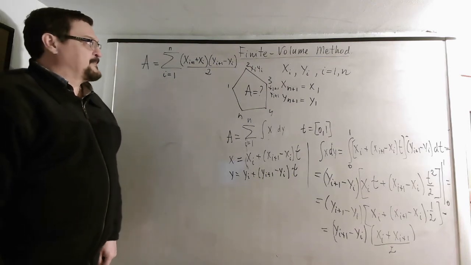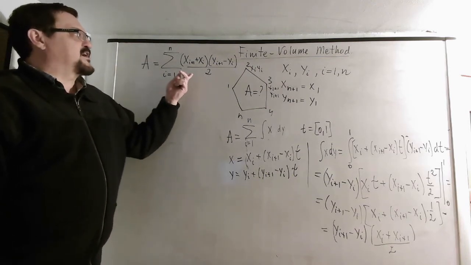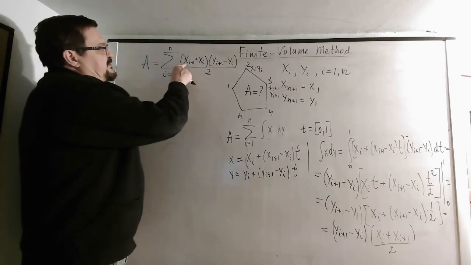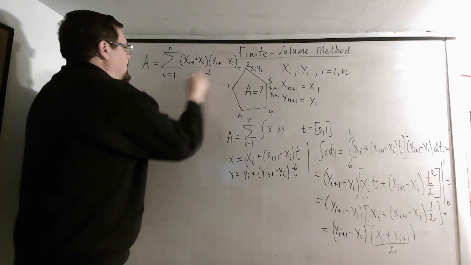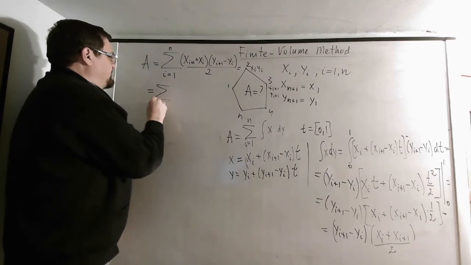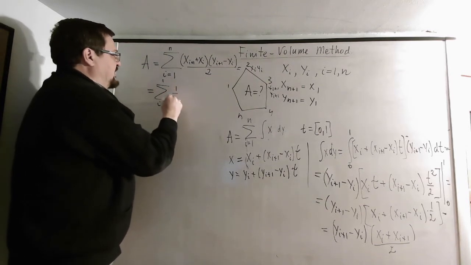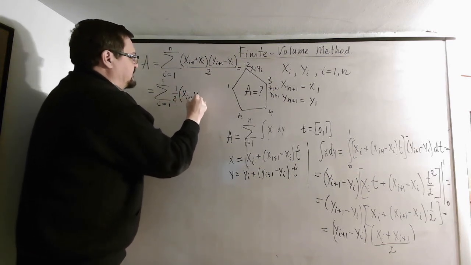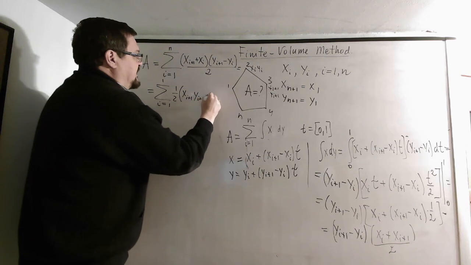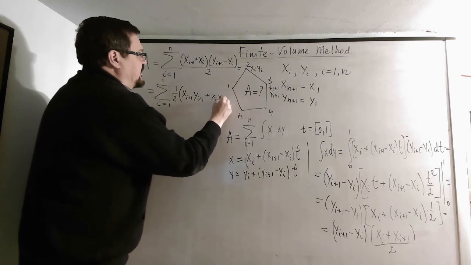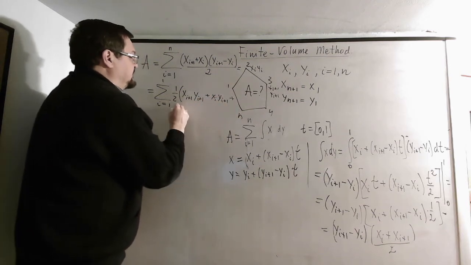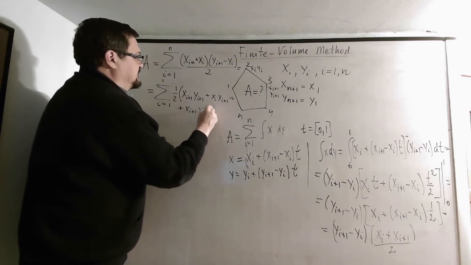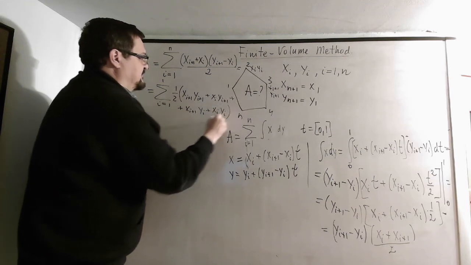It's kind of cool. It can be further optimized a little bit by noticing that if we multiply those two together, we have the sum of 1/2 times (xi plus 1 yi plus 1, plus xi yi plus 1, minus xi plus 1 yi, minus xi yi).